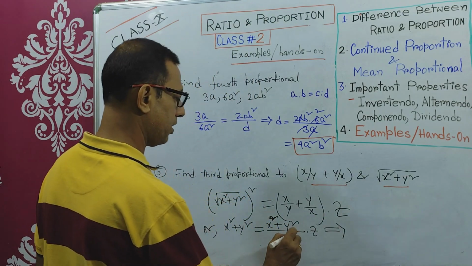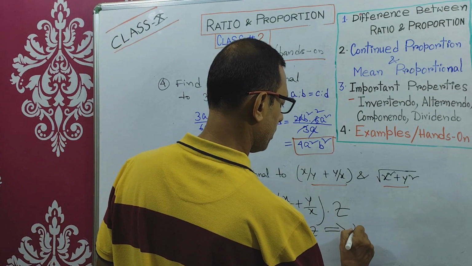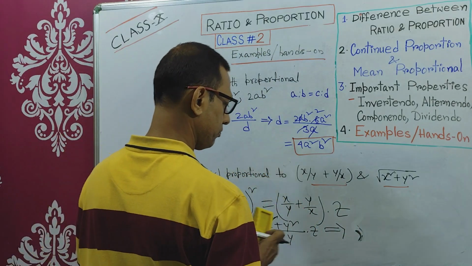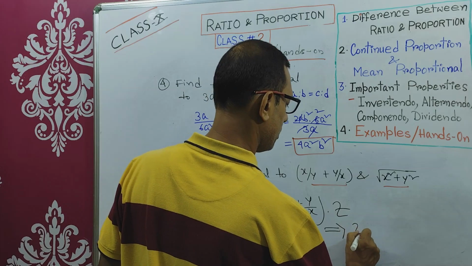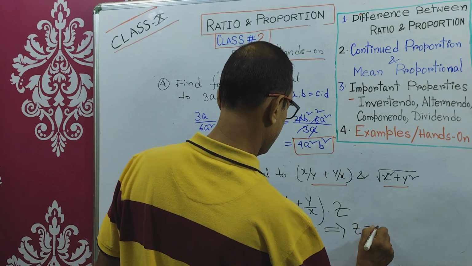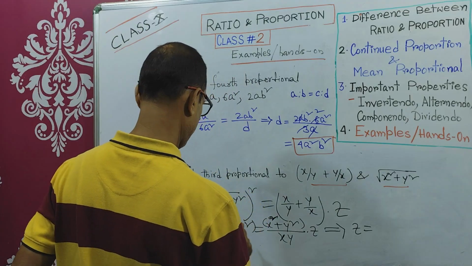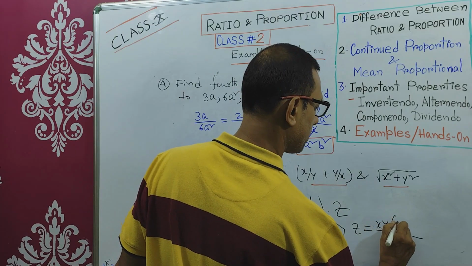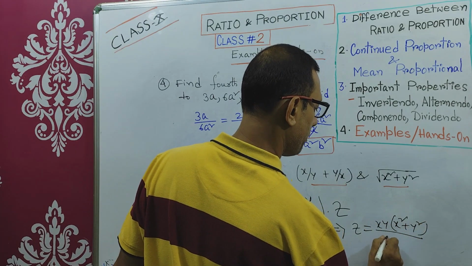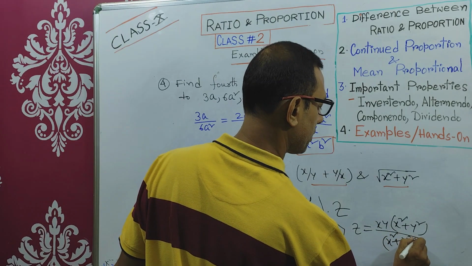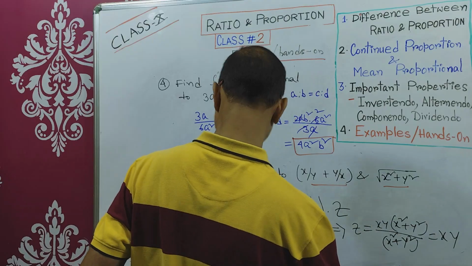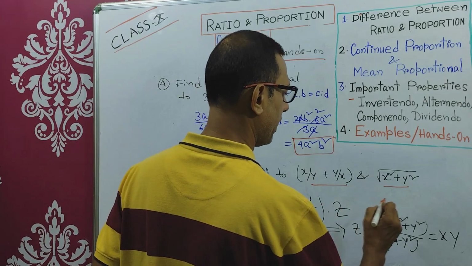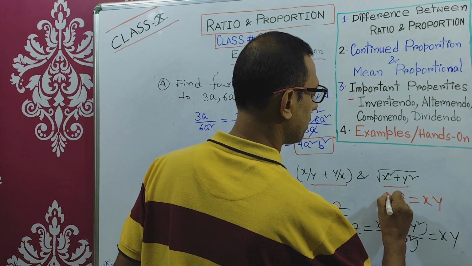Therefore z equals, you can cancel these two, xy into x square plus y square by x square plus y square equals xy. So what is the third proportional? Third proportional is z, which equals xy. This is the answer.